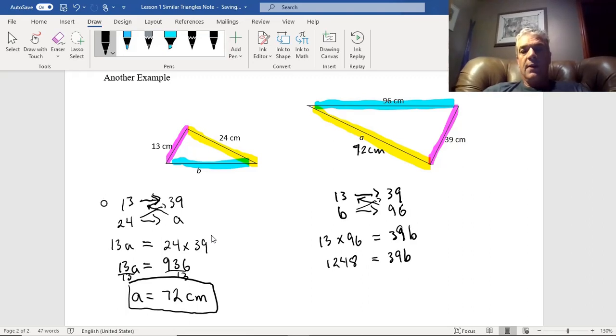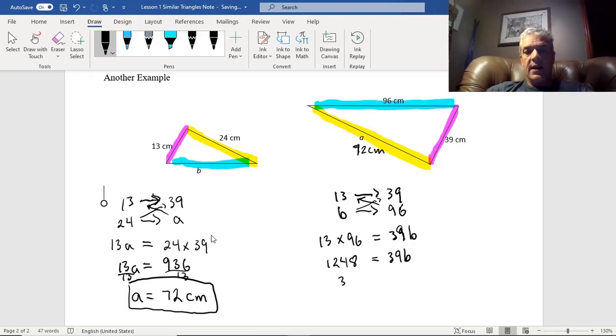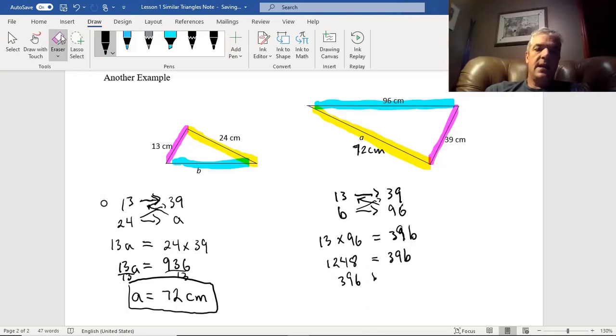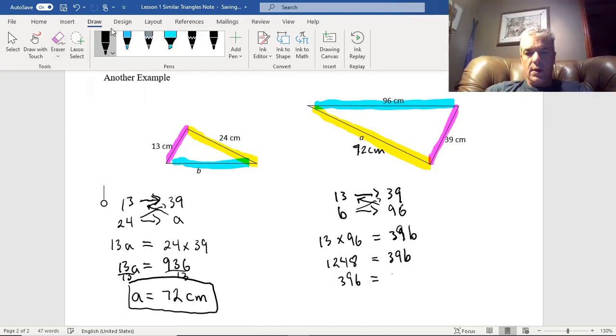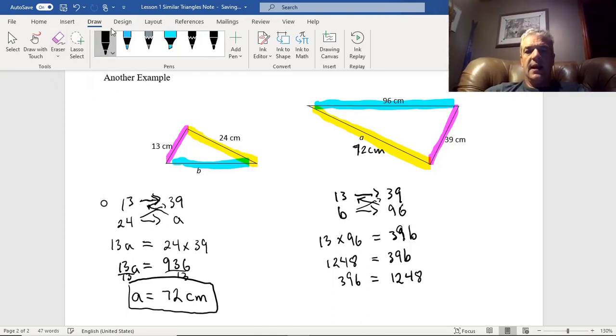Now, flip these. I usually flip it at this point because sometimes I'll flip it in the last step already, but I'll write it as 39B equals 1248, and I sometimes would have done that flip right there, save myself a little bit of work, right? That's a B, not a 6.